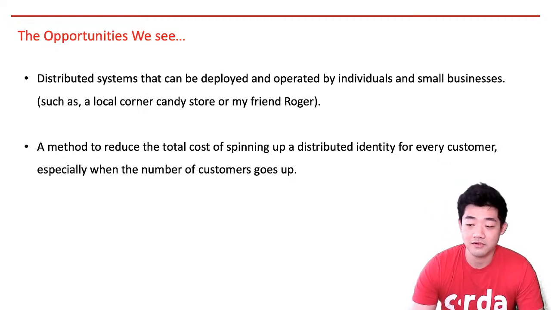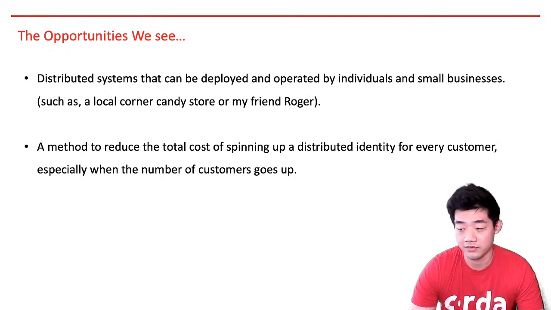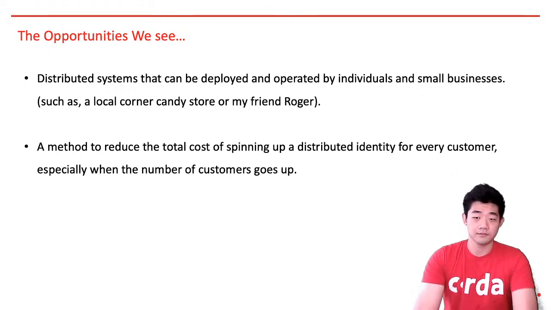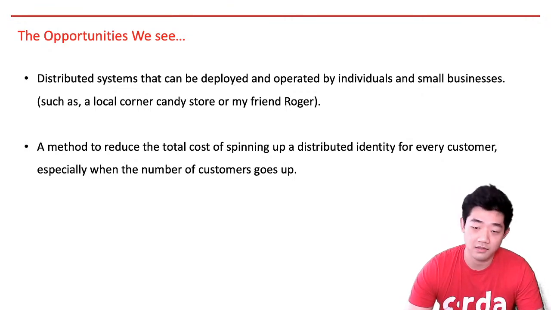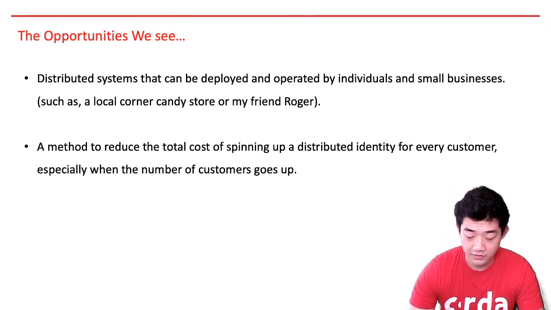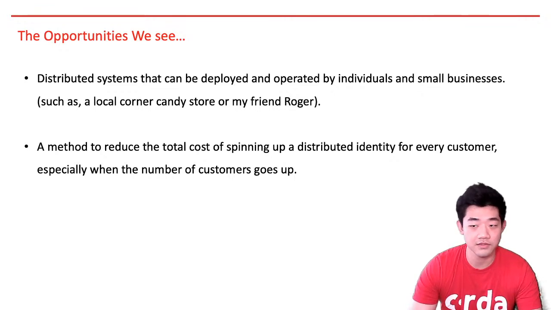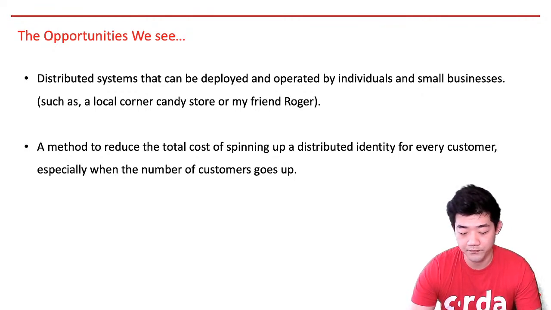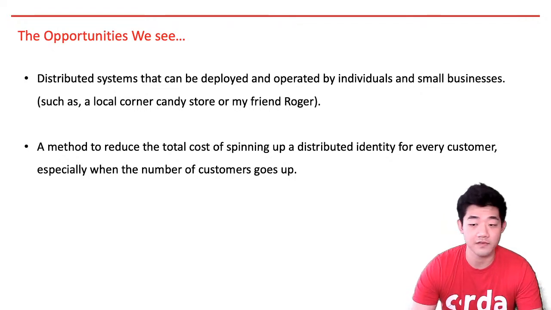We also see the opportunity for existing customers to reduce their total cost by spinning up distributed identities on behalf of their clients. If you think about how blockchain works, each so-called distributed or digital identity requires an independent node that hosts its service.